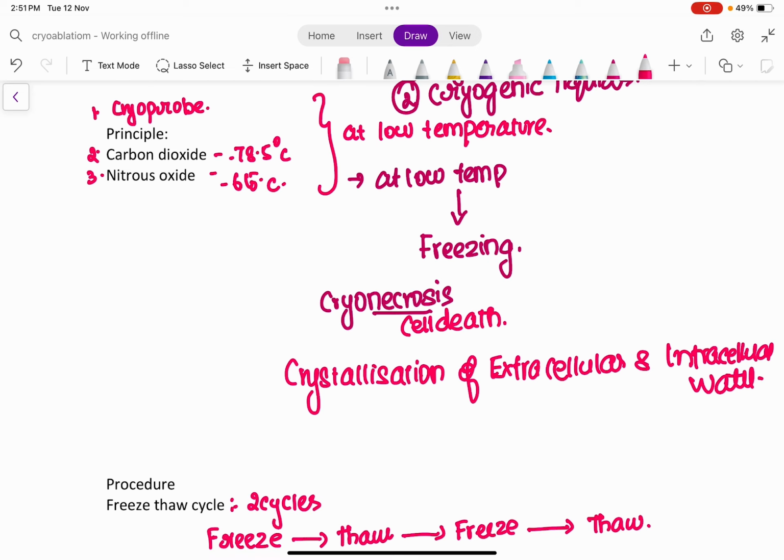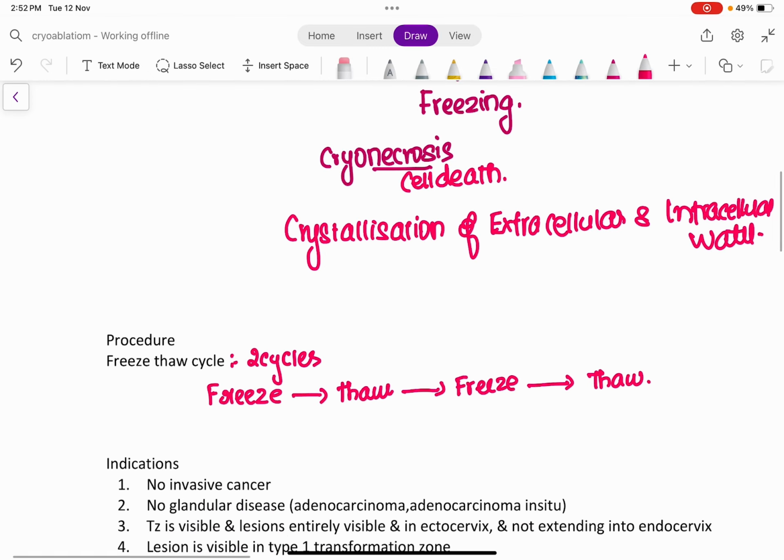So the freezing is going to cause crystallization of the extra and intracellular water, and this crystallization is going to result in cryonecrosis. You do the process of freezing, but this freezing results in crystallization of the intracellular and extracellular water, and it results in necrosis or cell death. So basically, with the process of freezing, you are going to bring about cell death, right?